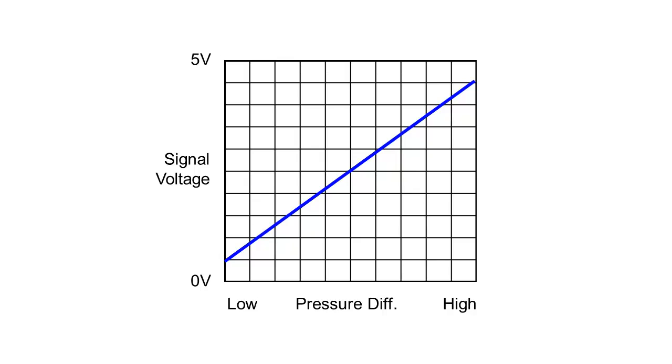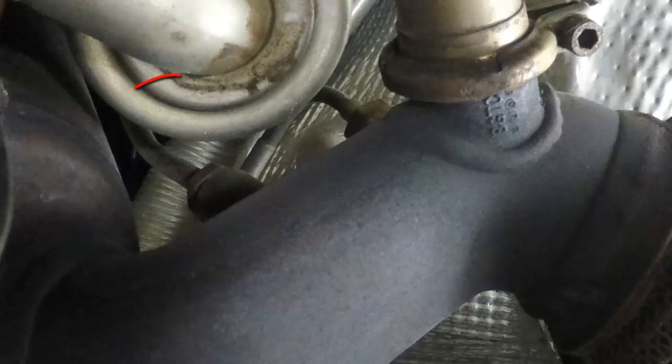Service information specifies idle signal voltage of 1.07 to 1.16 volts, while high idle signal voltage is 1.35 to 1.91 volts. Downstream tubing for the sensor can be seen here.